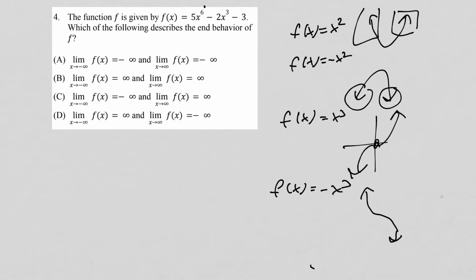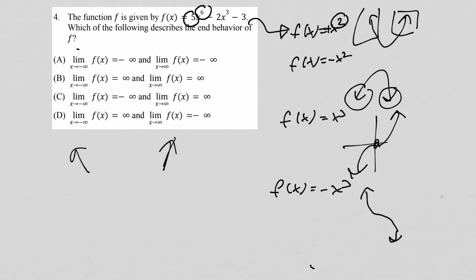If the exponent of the highest power is even and the coefficient is positive, it's going to have the same end behavior as this. Exponent's even, coefficient's positive, so it looks like this. But how do you describe that with this limit notation?